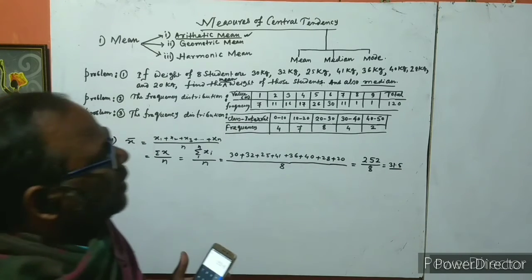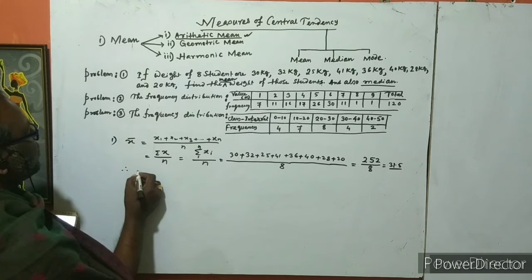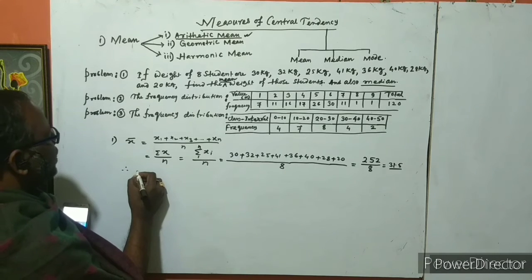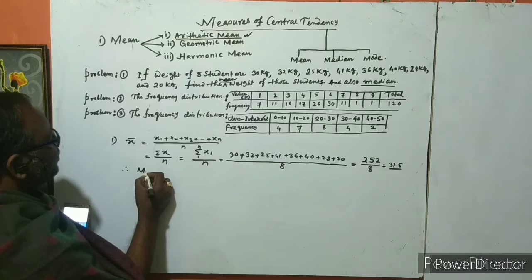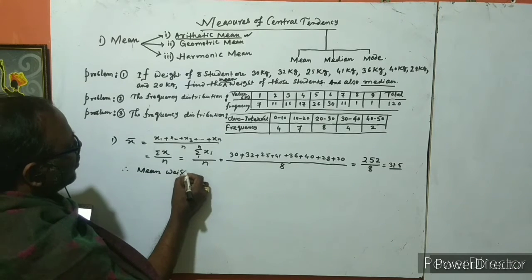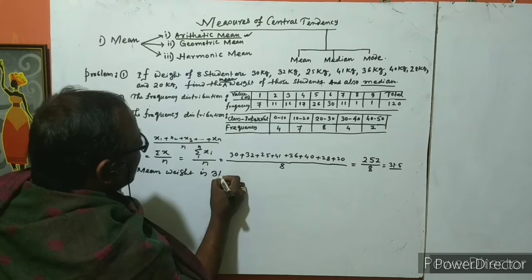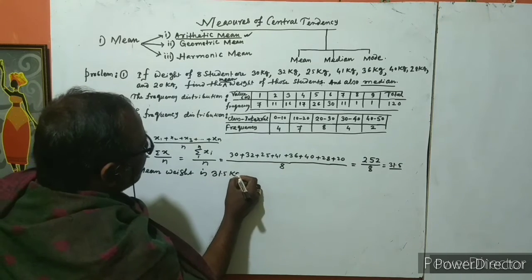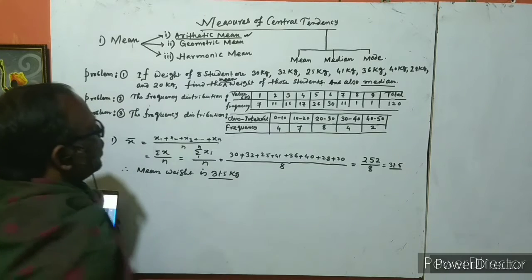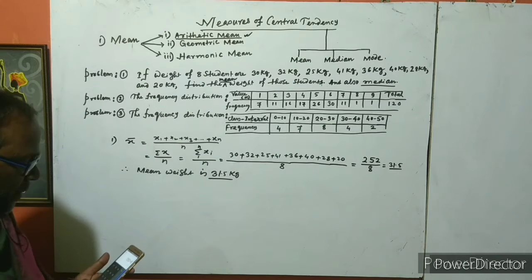This is the mean weight, the average weight. Therefore the mean weight in your school is 31.5 kg. So that's all for the simple series.